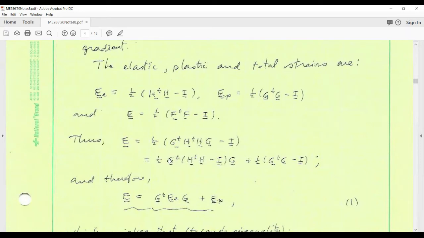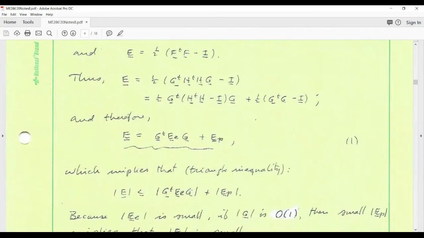Then what I've done is subtract the G transpose G with the identity, so I better add it back in again. And then minus the identity is just the same as this last term here. So this we recognize as the plastic strain. This parenthesis with the half is the elastic strain, and so the total strain is given exactly by equation 1 here. The total strain is G transpose times the elastic strain times G plus the plastic strain.